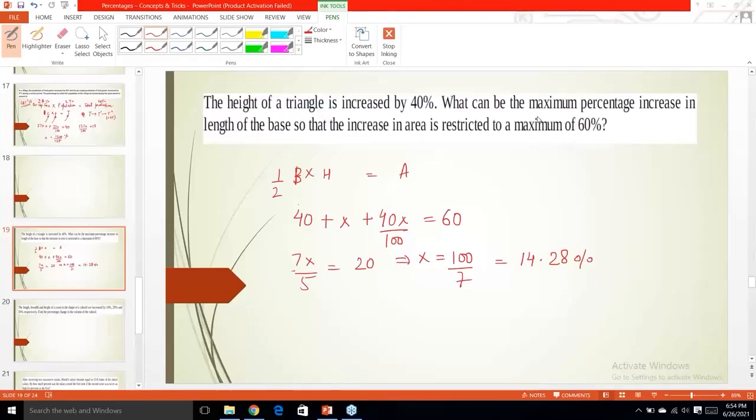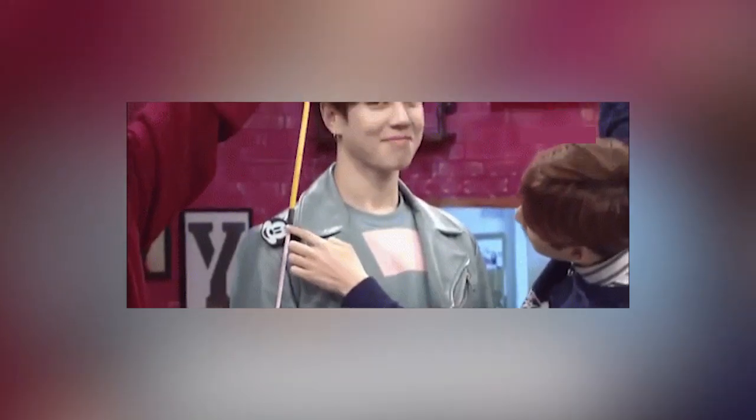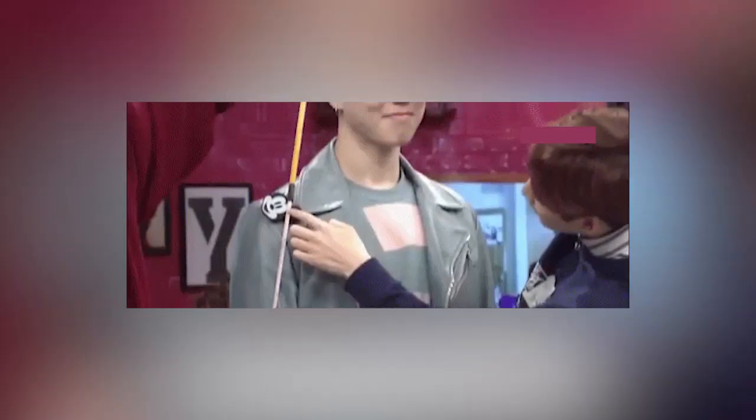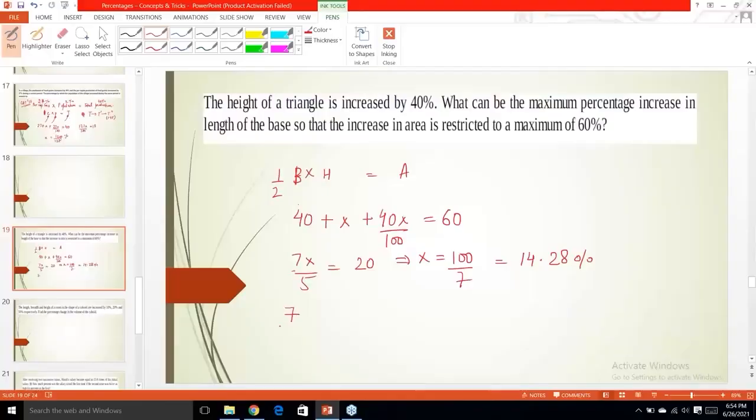Okay. Again, if you want to do using variations, how will you do it? You know that height is increased, so it becomes 140% of itself. So 7 by 5. Suppose length becomes x times, and this final thing is 160 by 100, right? 160 by 100 is 8 by 5. Okay.